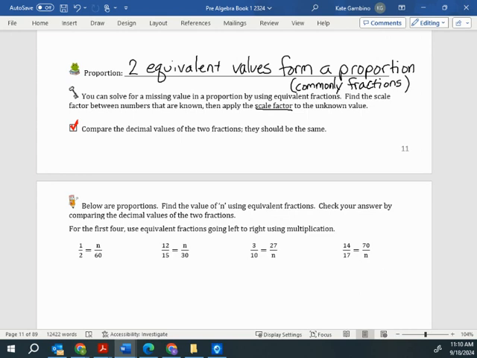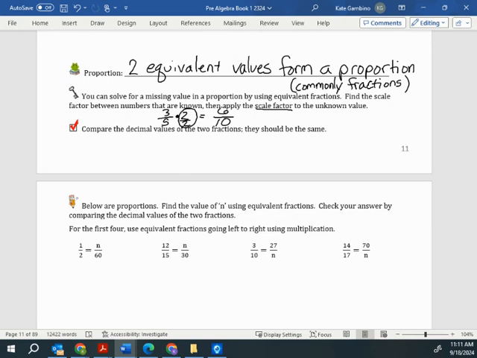So if we had 3/5 and we multiplied by 2, and we got 6/10, right? Because we're technically multiplying 2/2. So 3 times 2 is 6, 5 times 2 is 10. This is my scale factor, multiplying by 2. I multiplied the top and the bottom by 2. That's the scale factor. It increased by 2.